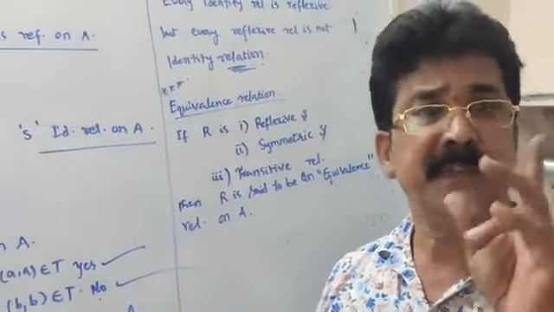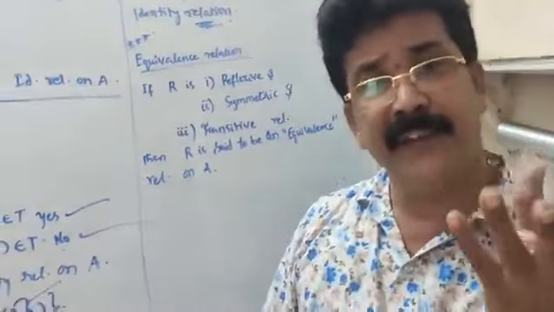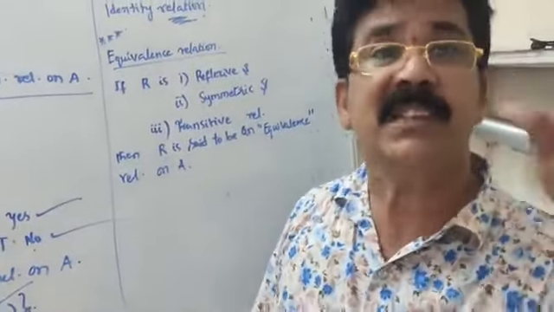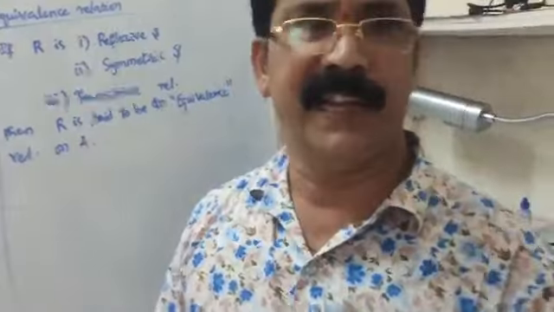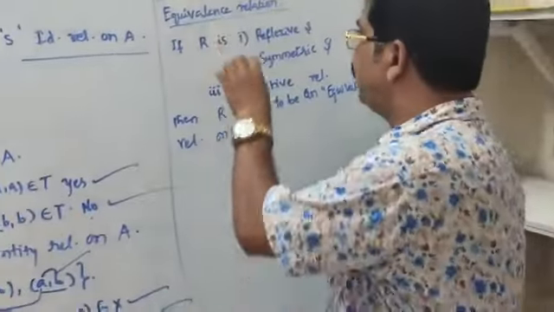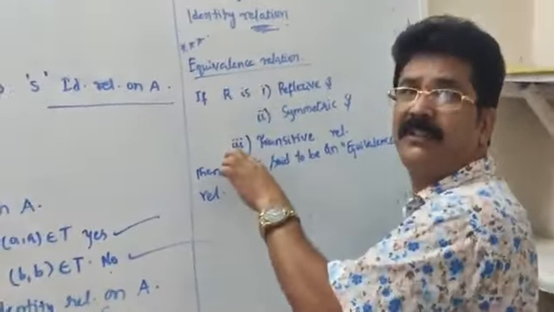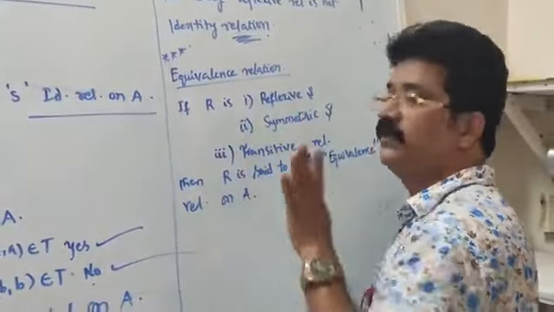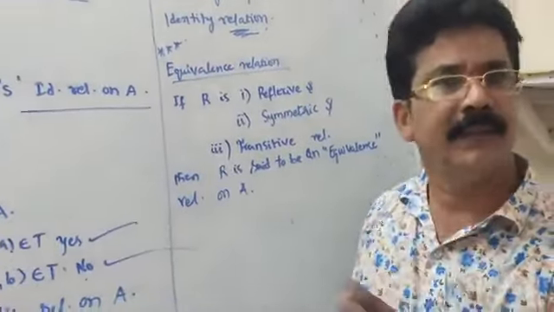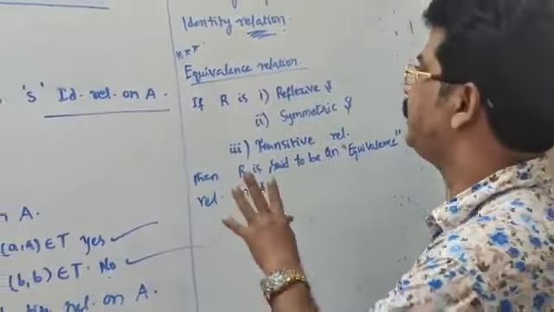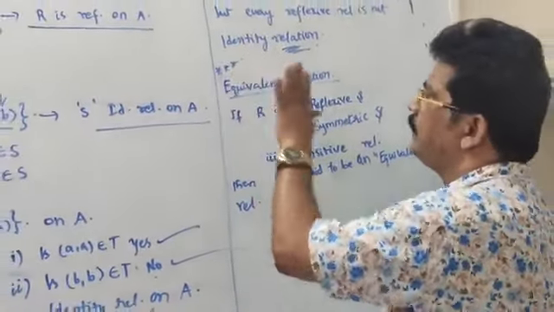Otherwise, if at least one condition fails, then R is not equivalence relation. Mind it. For example, two conditions are satisfied, third one fails, or second one fails, or first one fails, then also R is not equivalence relation. This is the small definition about equivalence relation.